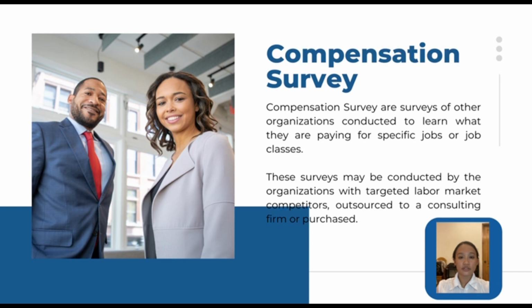A compensation survey can focus on job titles, geographic regions, organization size, departments, industry norms, and more, and generally reports on cash compensation. In summary, compensation surveys are essential tools for organizations to stay competitive in the talent market, make informed decisions, and maintain fair and equitable compensation structures.